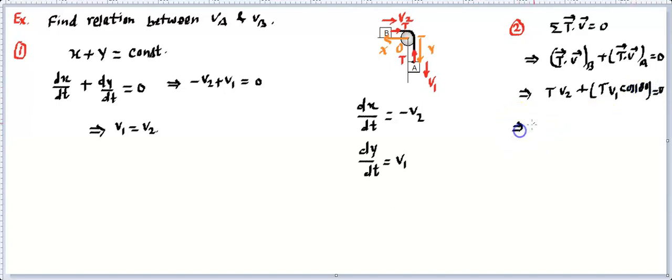After simplification, you will get T in bracket (v2 minus v1). Why minus v1? Because cos 180 is minus 1, and that becomes 0. Again you are going to claim v1 equal to v2. So you'll find the same constraint relation by using two different methods. Both are important and both are going to give you the correct answer.